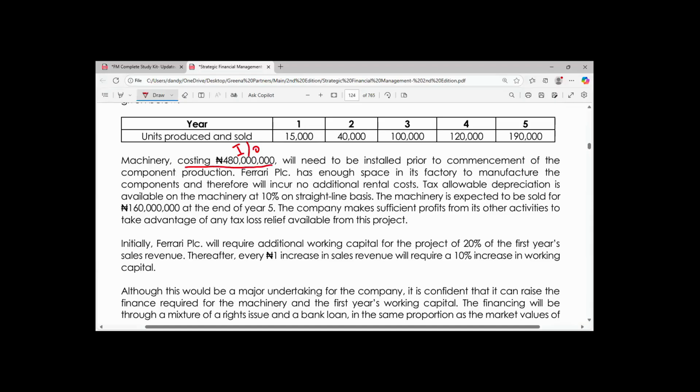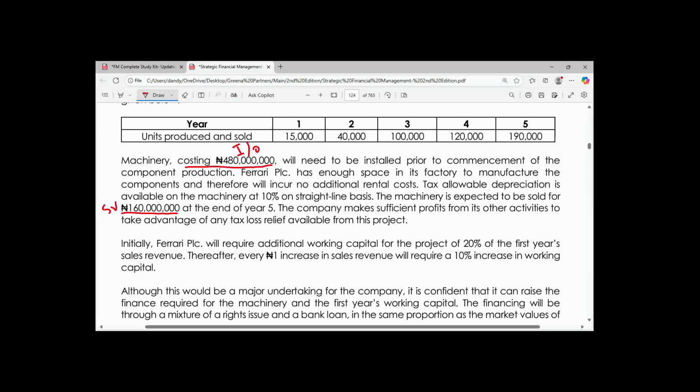Tax allowable depreciation is available on the machinery at 10% on a straight line basis. The machine is expected to be sold for 160 million at the end of year 5. The company has sufficient profits from its other activities to take advantage of any tax reliefs available from this project.